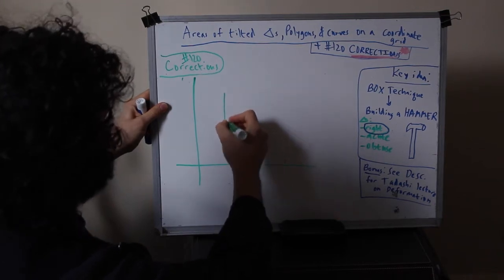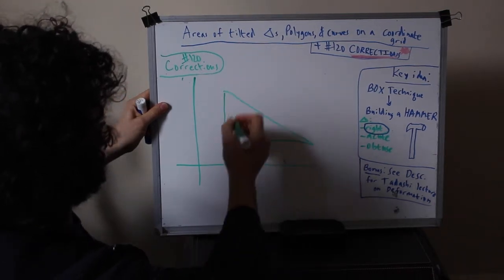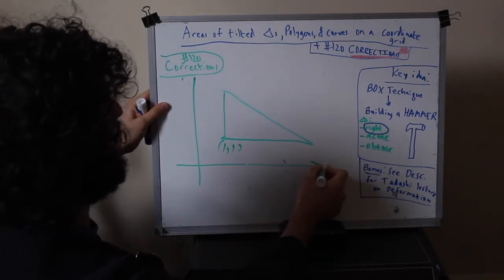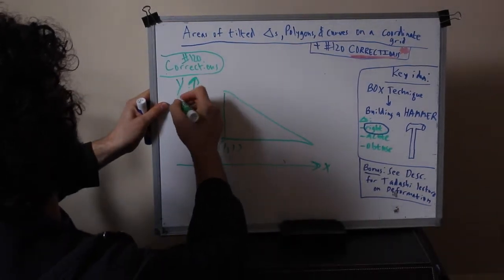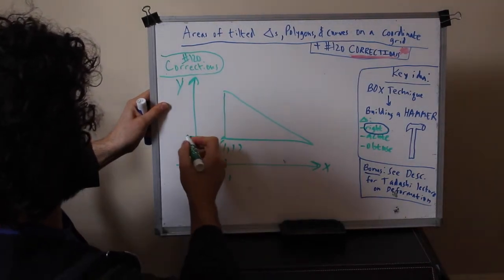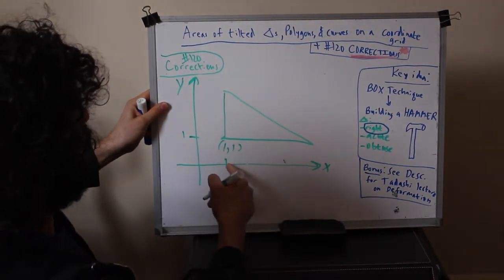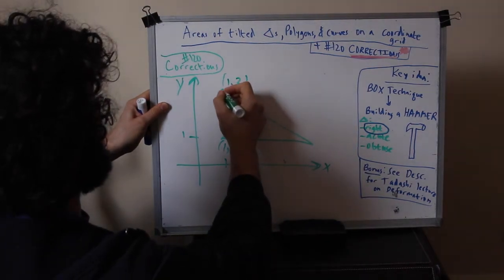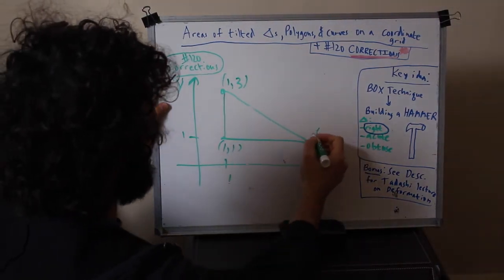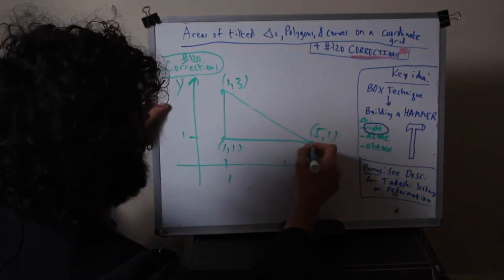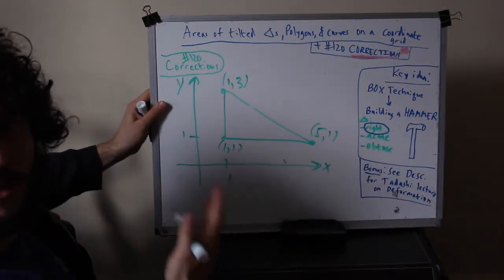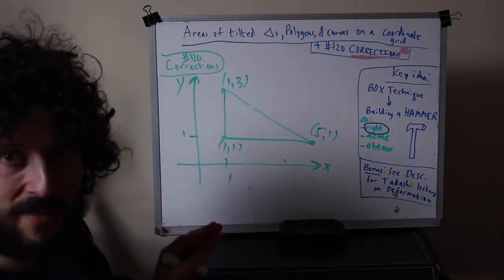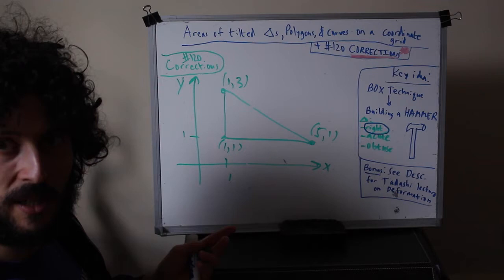So if we're given a triangle like this, let's say this is 1, 1, so this will be our x-axis, that'll be our y-axis, so this is 1, that's 1, maybe this is 1, 3 or something, and this will be 5, 1. So how do we find the area of this triangle? And this is not going to be our tricky case, that's just making sure we have some basics out of the way. So what are we going to do here?